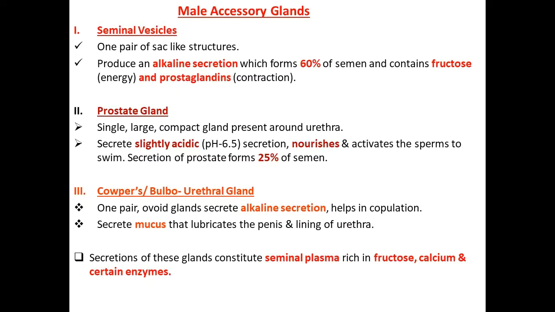It is the part of the semen but does not include the sperms. Seminal plasma refers only to the secretion of these 3 glands, which is rich in fructose, calcium and certain enzymes. Okay.